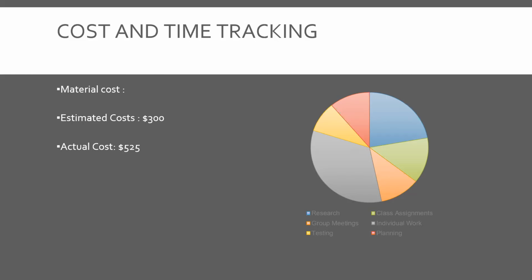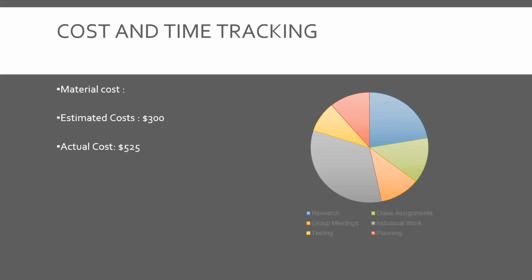And it was the same for my group members as well. We wanted to get a little more background into the group that we're dealing with. For group meetings, we met a fair amount of times, and then we focused on class assignments as well. We worked on those together, and then we took a lot of time planning. We did spend a little bit of time testing, but we'll talk about that later as well.